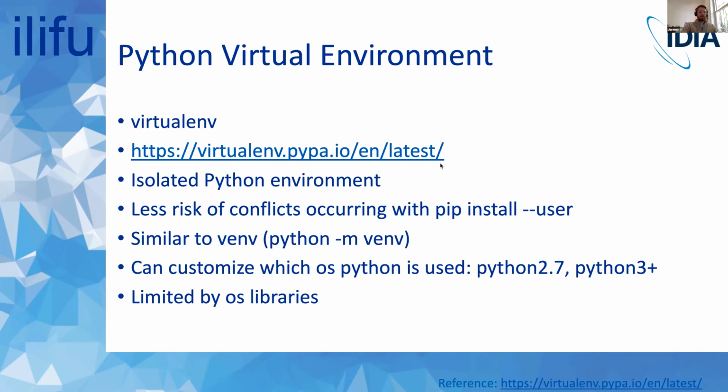One of the caveats about using a Python virtual environment, however, is that if a Python package that you wish to install requires specific dependencies in terms of libraries on the base operating system, and these aren't available on the compute nodes in ilifu, then you're going to get an error when trying to install those packages. In this case, I would suggest going the container route, installing the libraries that are required, and then using Python inside that container environment.